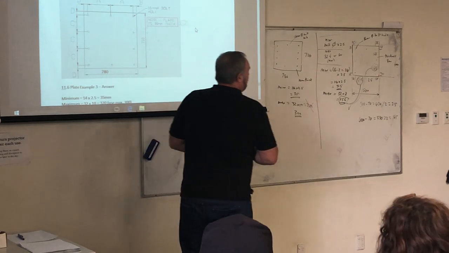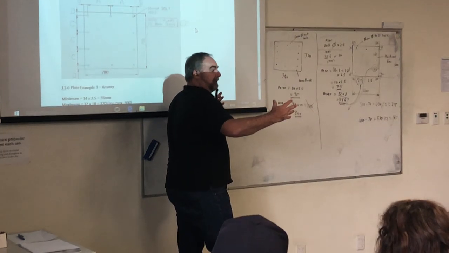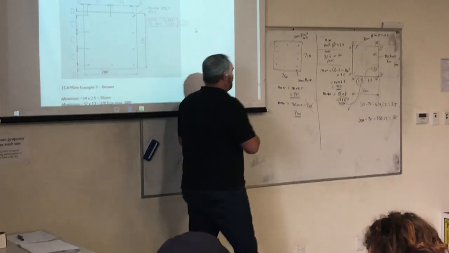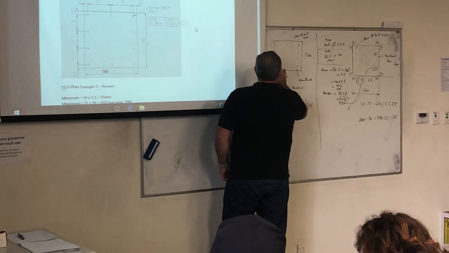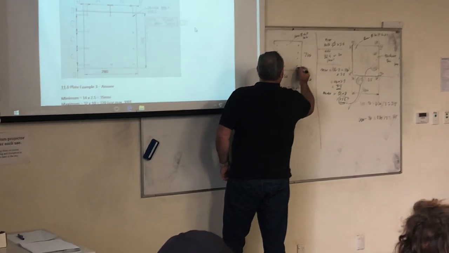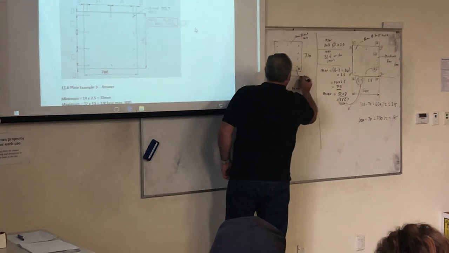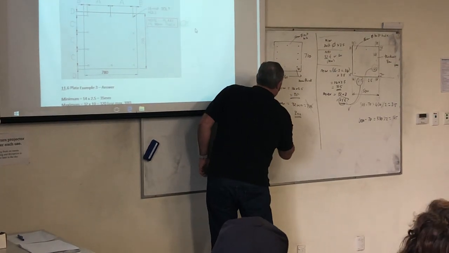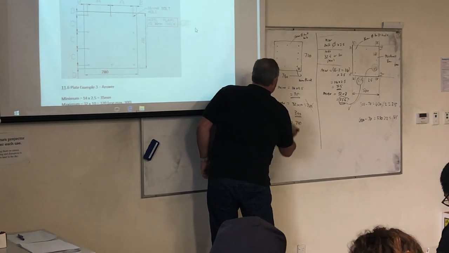As I said before, when I first started, we go as close to the outside edge first. If you don't do that, you'll get this wrong. So let's go to the closest we can, which is 35, and put 35 in there. So therefore, the 780 minus 70 equals 710.